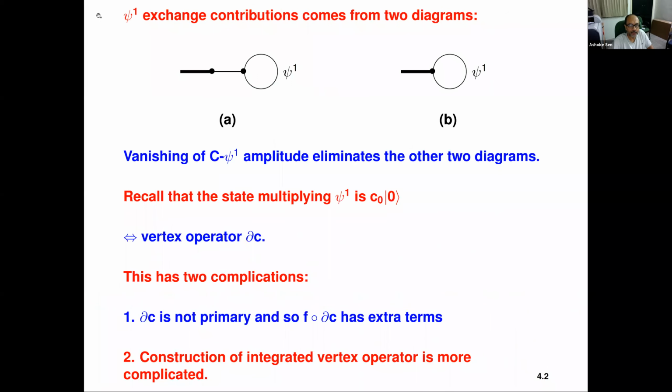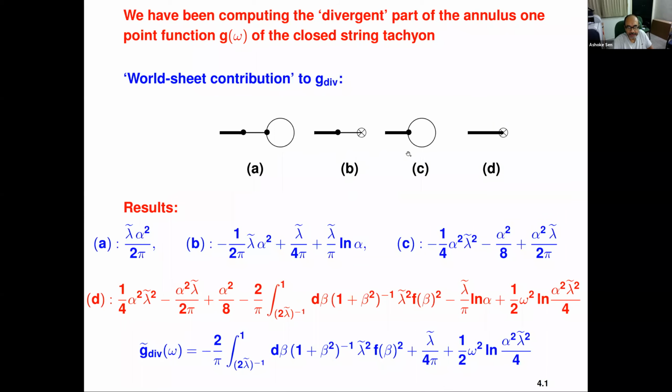Okay, so next we consider the psi1 exchange contribution. Now, as I alluded to yesterday, if you look at these 4 diagrams, you could have put psi1 anywhere, and you have to include the contribution of psi1 exchange. So, for example, you could put psi1 here and a regular propagator here, or you could put psi1 in both, and so on. But we have also seen that the 2-point vertex of a closed string and an open string psi1 actually vanishes.